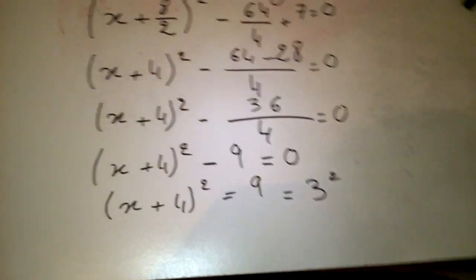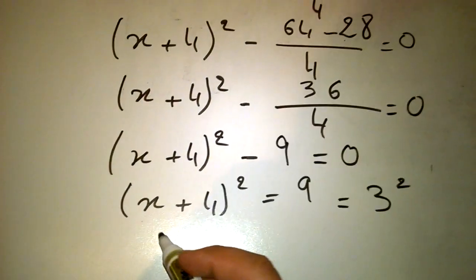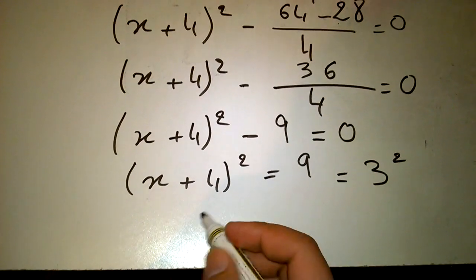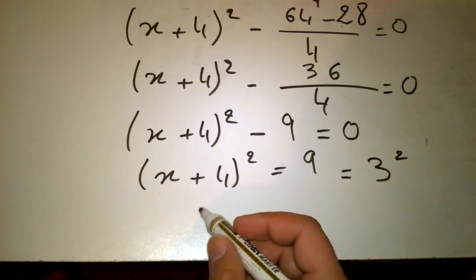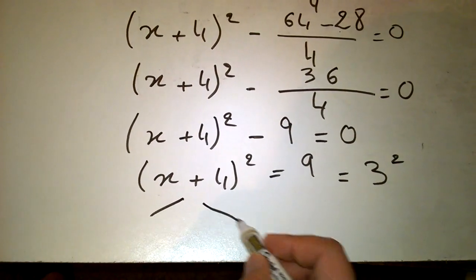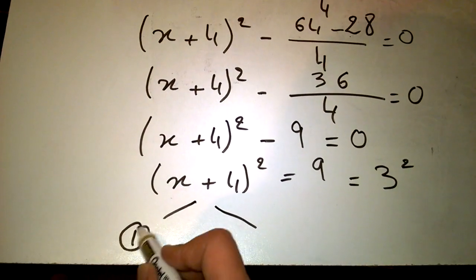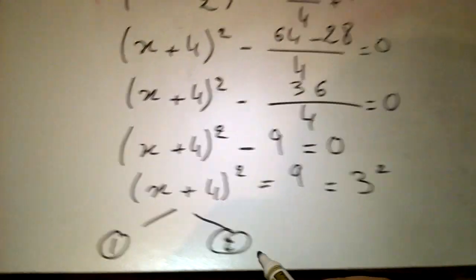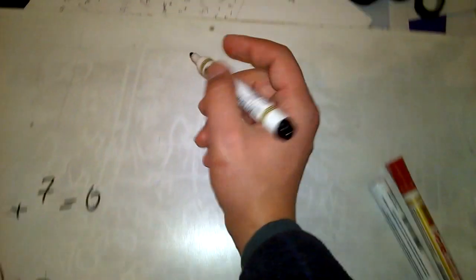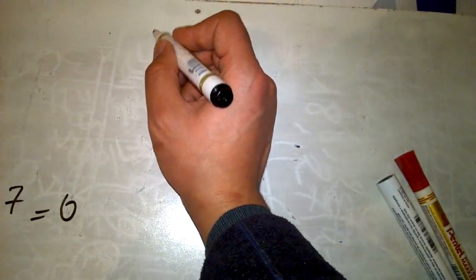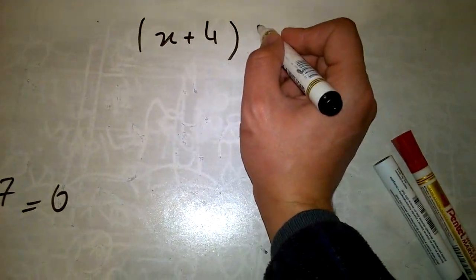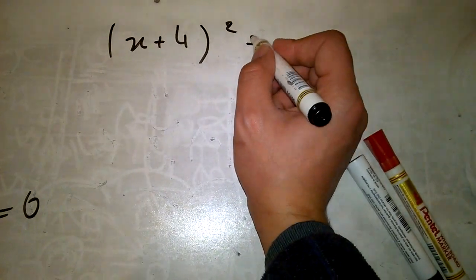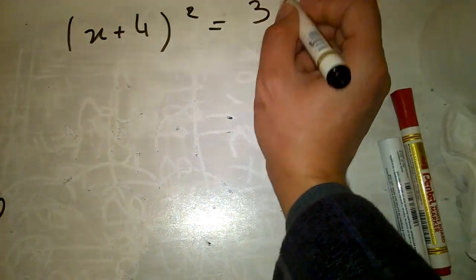From here we can take the square out in case this is positive. So we have two cases here, case 1, case 2. Case 1, I'm going to write it here, just this last line: x plus 4 square equals 3 square.